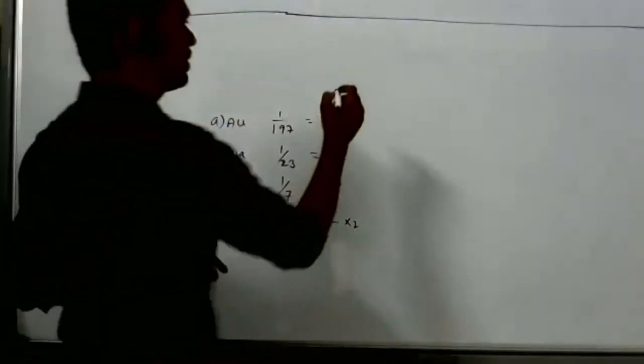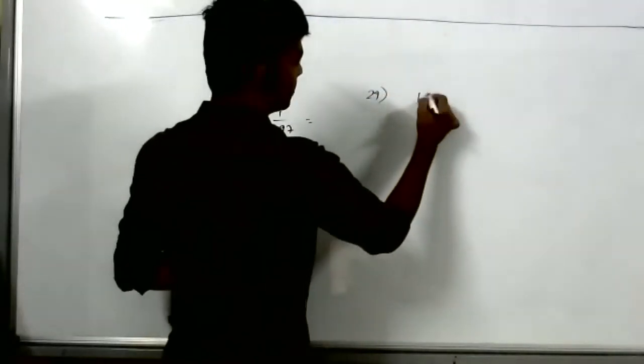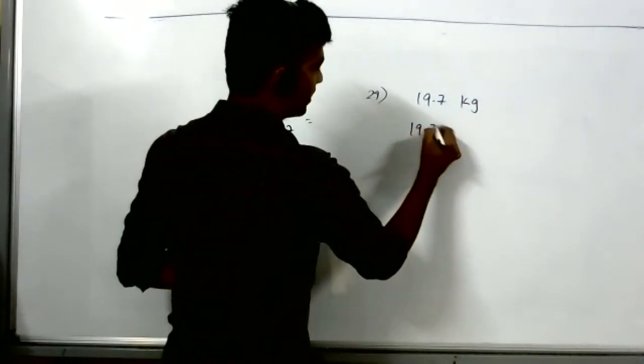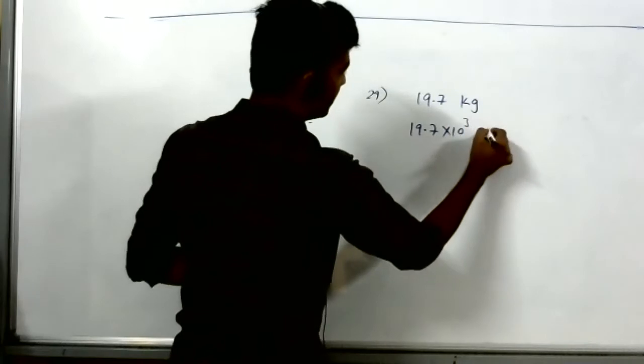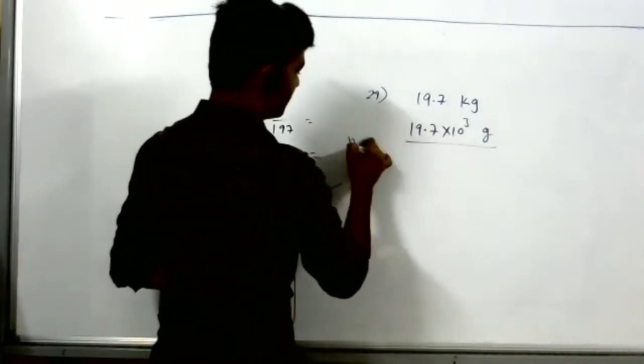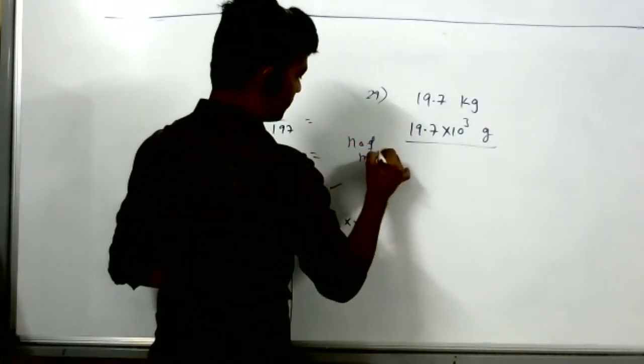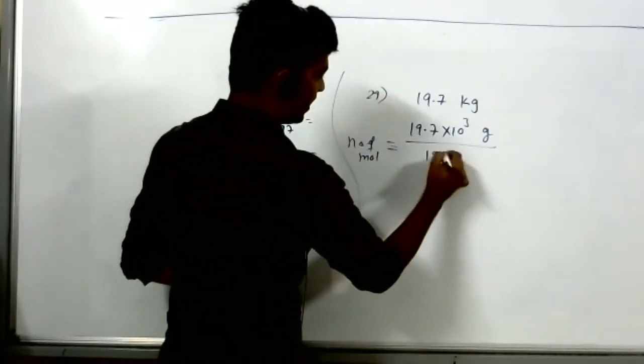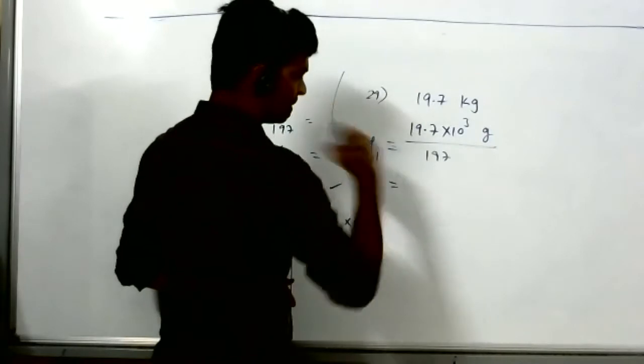Question number 29. 19.7 kilogram, convert into grams: 19.7 into 10 power 3 grams divided by 197. Writing 19.7 as 197 over 10 square, the 197 cancels, so only 10 square, which is 100.